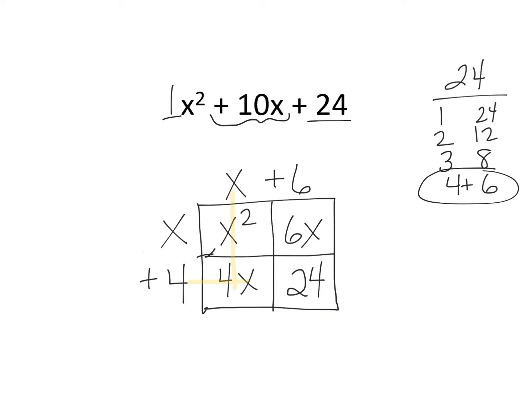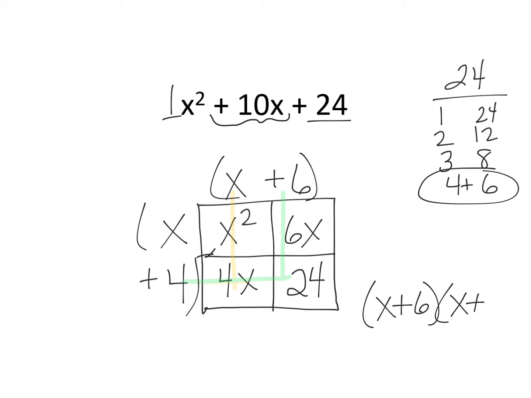Yeah. Does positive 4 and positive 6 give me a 24? Sure. So it worked out. We're good. Finally, what you see here and here are your two binomials. It's going to be x plus 6 and x plus 4. If you don't believe me, multiply them and see if it doesn't get you back up to x squared plus 10x plus 24.